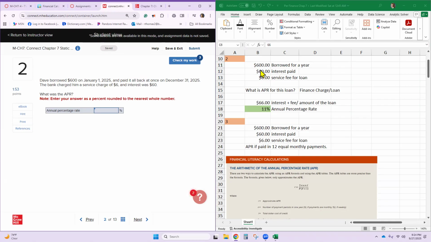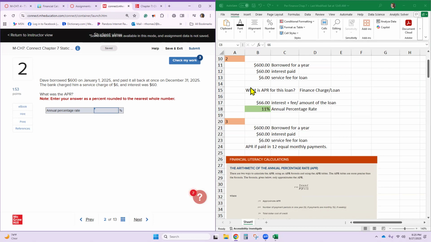So same problem, but we're going to learn a term called annual percentage rate. He takes the loan out at the beginning of the year and then pays the loan plus the service charge plus the interest back. So he made a total payment of $666.